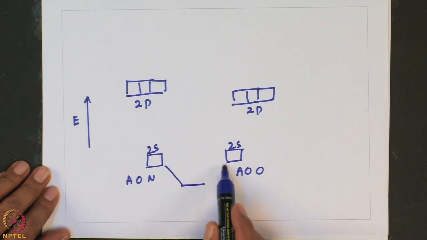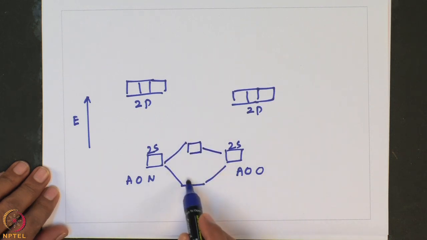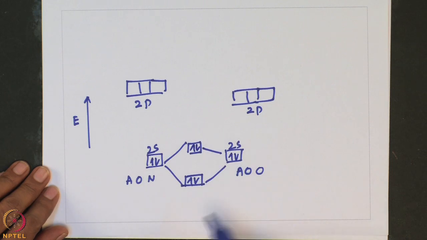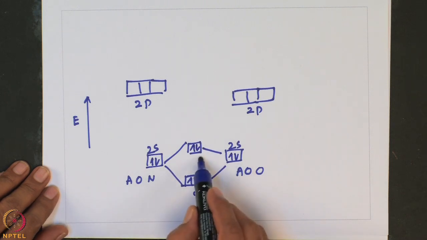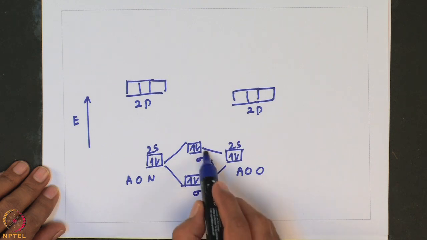So, this will give this sigma and sigma star of 2s is completed.